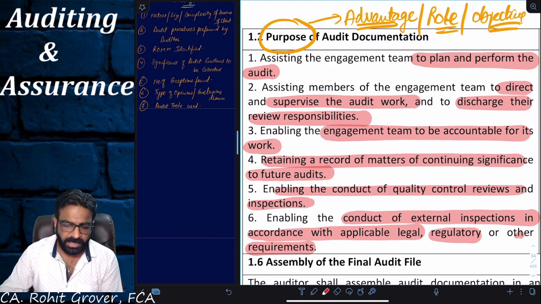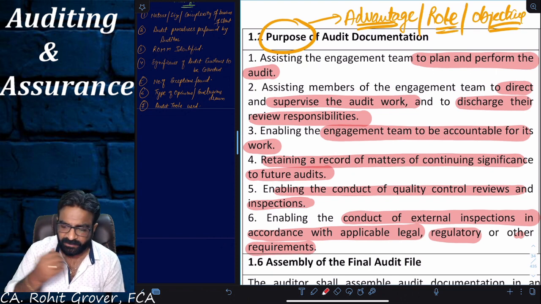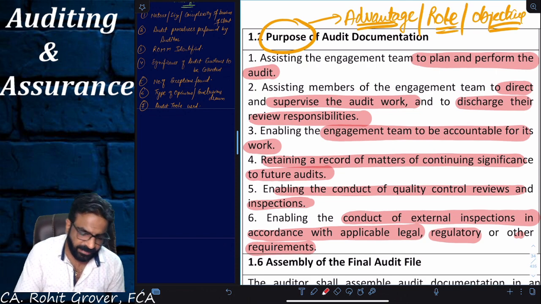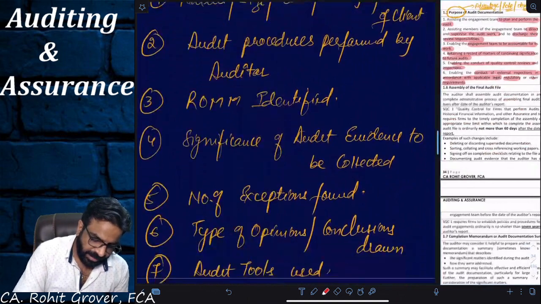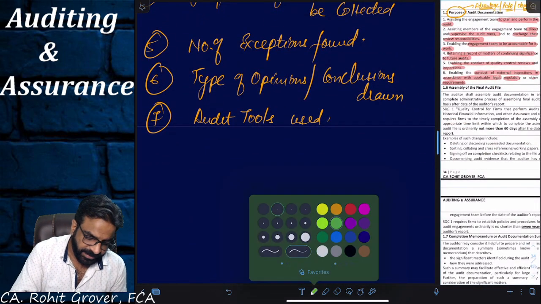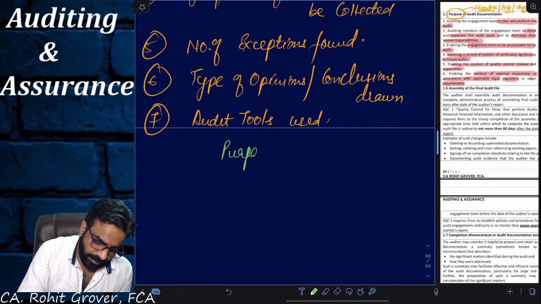Tell me, everyone, did you understand the purpose of audit documentation, role of audit documentation, advantage of audit documentation, and objective of audit documentation or not? Yes, sir. So, please tell me, everyone, let's write it with your knowledge. What do you understand by this? What is the purpose? What is the role?